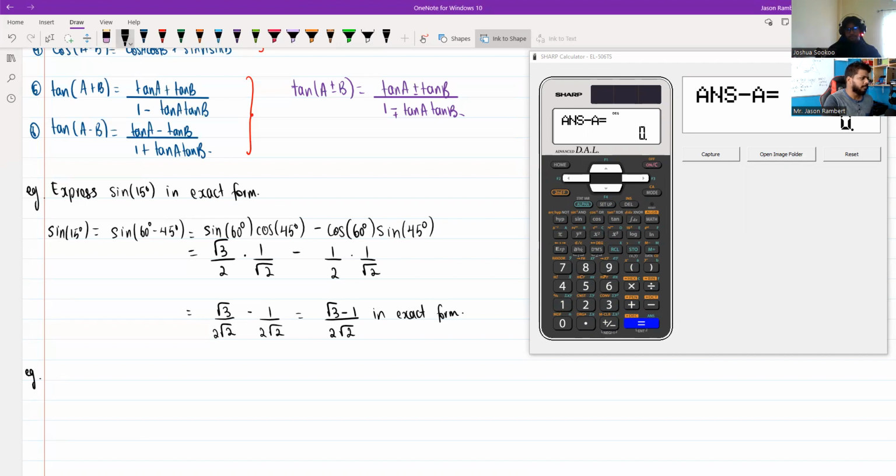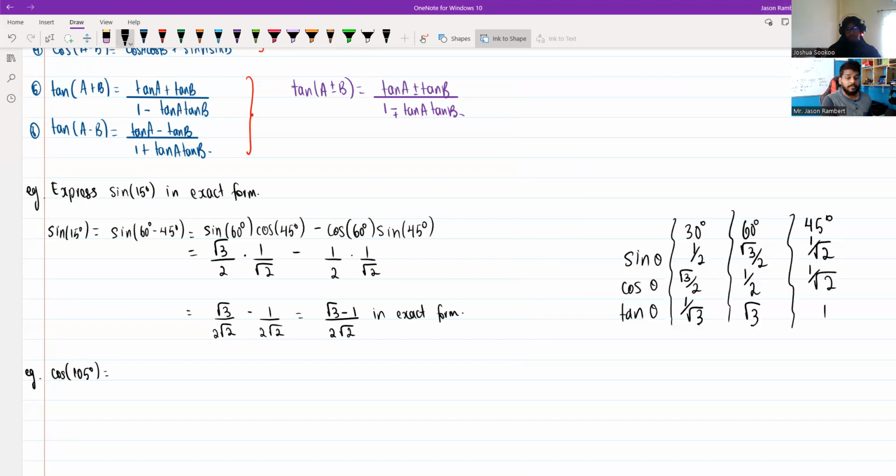Let me do cosine now. Cosine of 105 degrees. How am I going to use 30, 60, and 45 to get 105 degrees? 60 degrees plus 45 degrees. I'll jump back up.